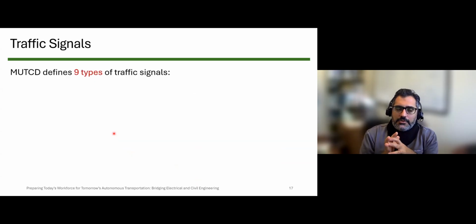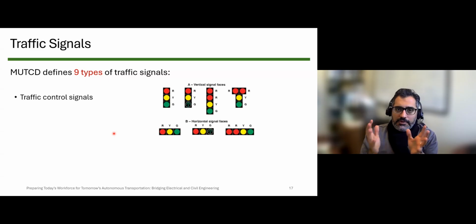What about traffic signals? The second type of traffic control devices. MUTCD defines 9 types of traffic signals. The first type is the most famous one, the one that probably comes to your mind first, just regular, usual traffic control signals, what you will see at signalized intersections.